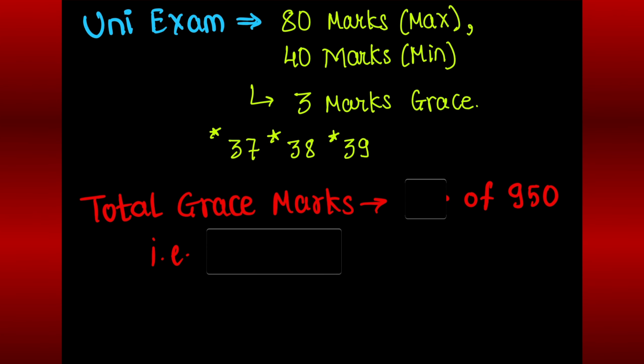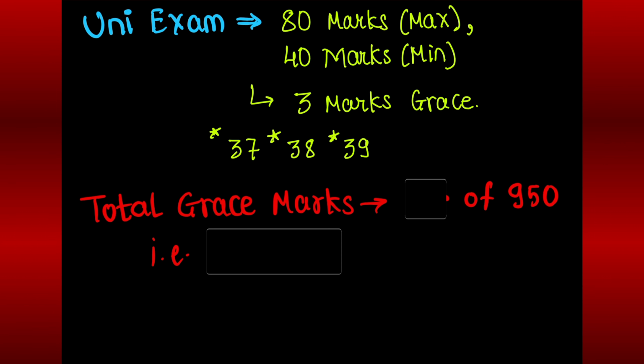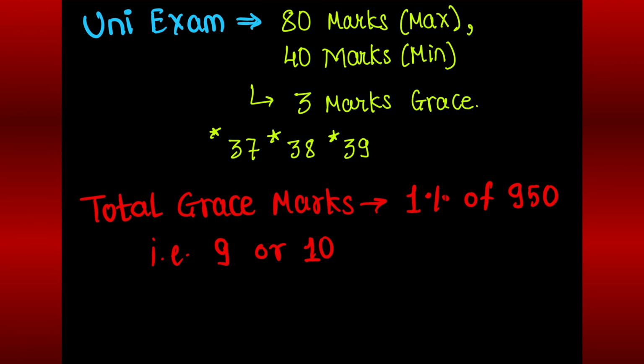One more rule is given: provided that the benefit of such grace marks in different heads of passing shall not exceed 1% of the aggregate marks in the examination. They say that the grace marks should not exceed 1% of the total examination. For first year you have total exam marks of 950. So 1% of 950 means 9 or 10.